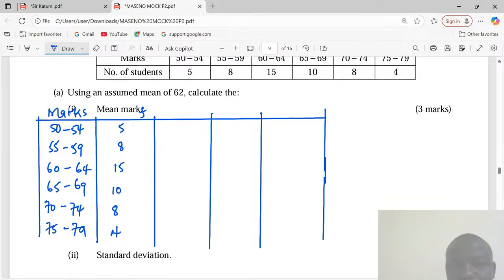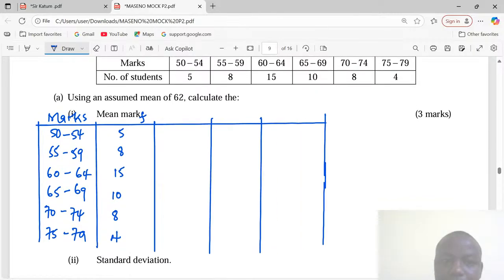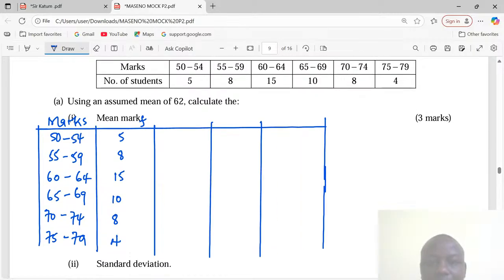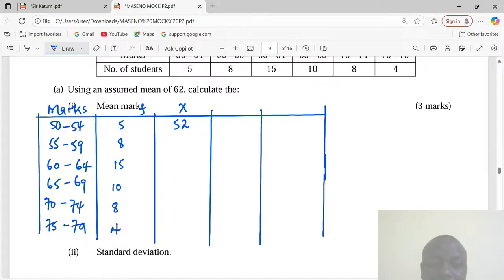Now we need to get something called the midpoint of every value, so that we find the mean. So let's get the respective midpoints of these classes. With 50 and 54, the midpoint is 52, because I get the lower limit plus the upper limit and divide by 2.